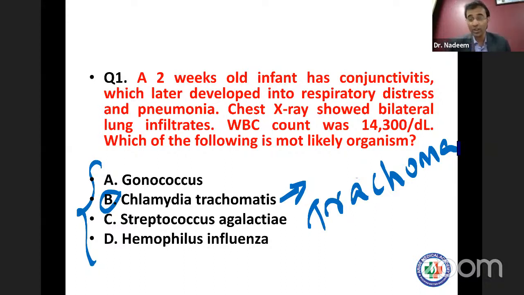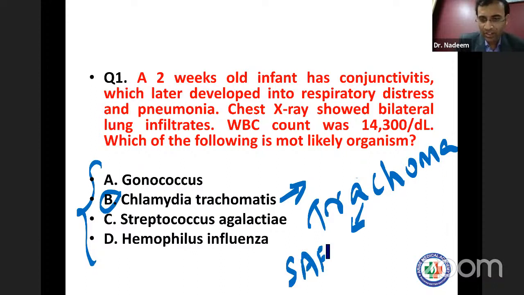When I talk about trachoma, in ophthalmology I remember the SAFE strategy, the treatment protocol. Sometimes they ask in the SAFE strategy, what does S stand for? S is for surgery, then antibiotics, then facial cleanliness, and then environmental cleanliness.